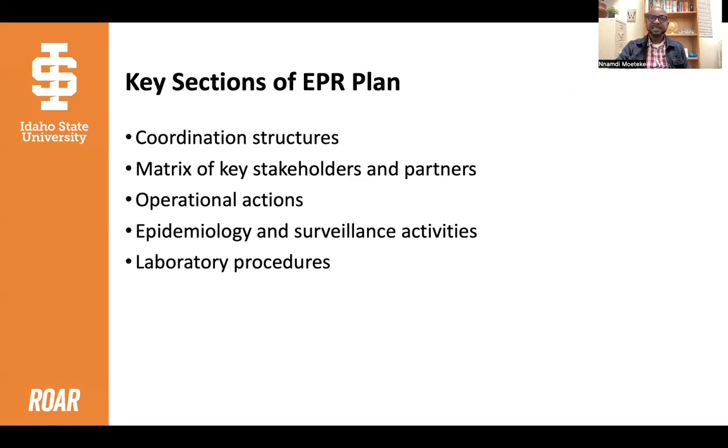This includes designated coordination structures, including the committees, the matrix of key stakeholders and partners supporting health activities and roles and responsibilities of each of these, the operational actions according to expected phases of the epidemic, the epidemiology and surveillance activities, including health information management, and then laboratory specimen collection, handling, transportation, processing, and information management, which make up part of the laboratory procedures that will be employed as part of handling the outbreak.